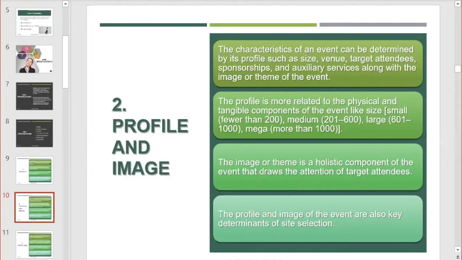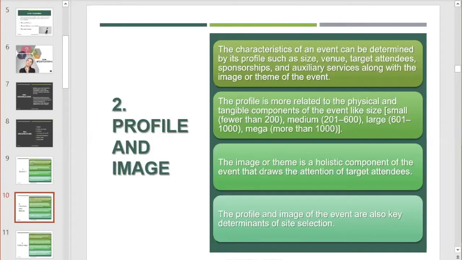Based on these 4 criteria, we can clearly see that it is not every event venue that will be able to comfortably host all the different sizes of events that we have just discussed, including the small, medium, large, and mega.